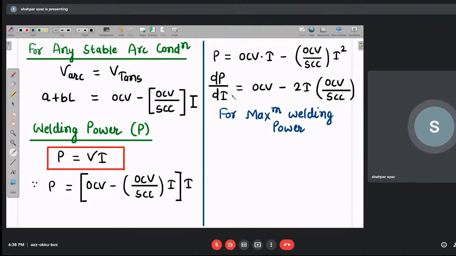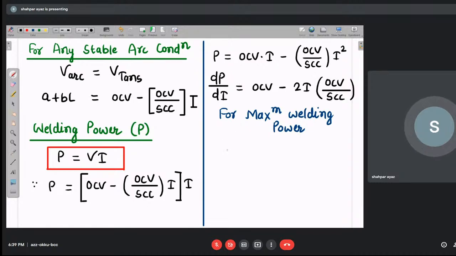So there are different methods. Whatever variable you select, you need to differentiate the function with respect to that variable. Here I have created the function in terms of current, so I am doing this.